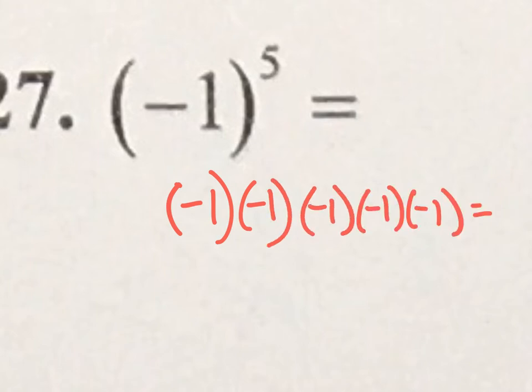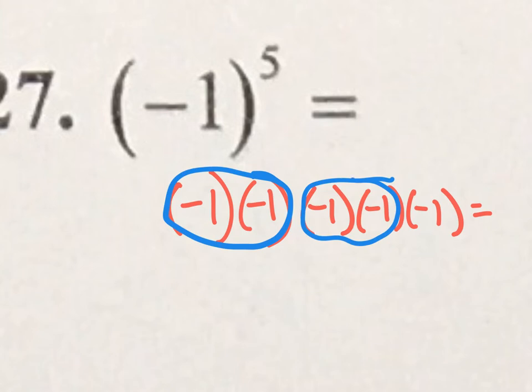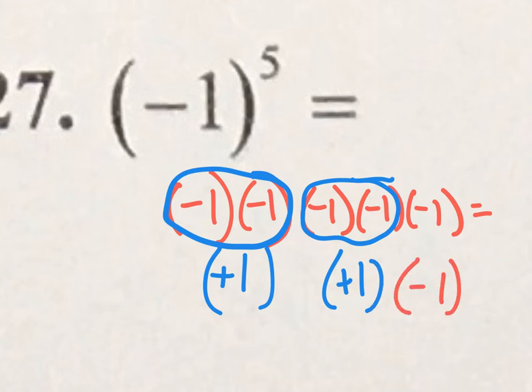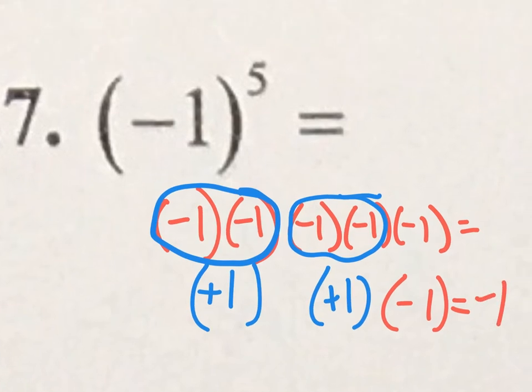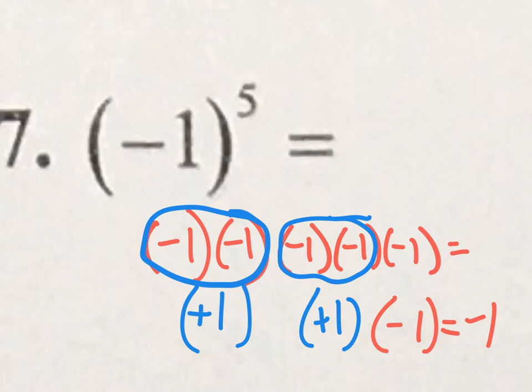We already know that a -1 times a -1 is +1. A -1 times a -1 is +1. So that's really a +1 times a +1 times, bring down the other -1. So what's your answer going to be? -1. It becomes this easy when it comes to the base of -1.